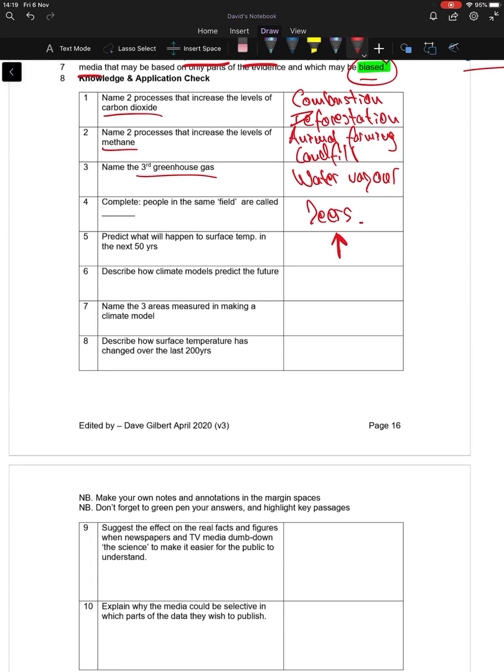How do climate models predict the future? They produce estimates based on sea, land, and atmosphere interactions.